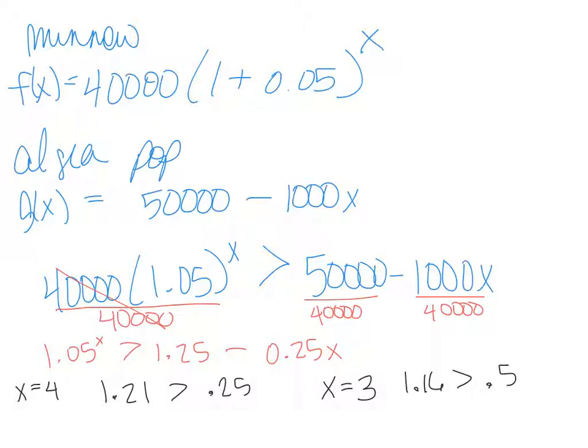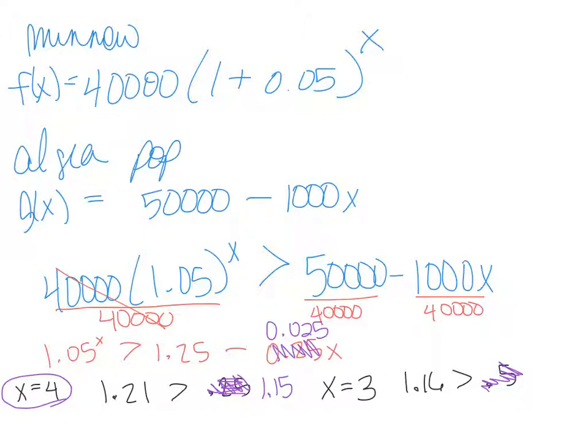I see my mistake. I'm going to fix it in purple, okay? This would be 0.025, which would make this 0.1. Oh, wait. 0.15, sorry. Still, x equals 4 is true, but this one's not going to be correct.